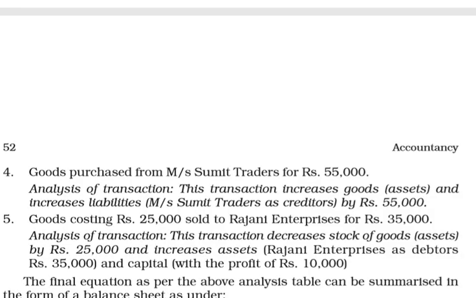So once again, the accounting equation is assets equal to capital plus liabilities. Assets mean the resources of the business. Liabilities mean the business has some obligation to pay some amounts in future.